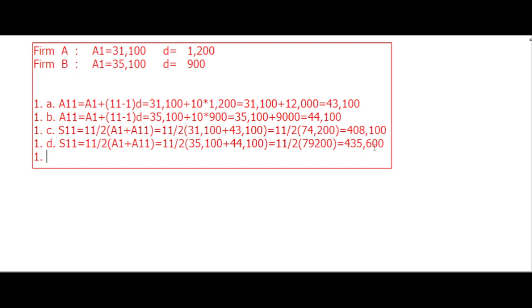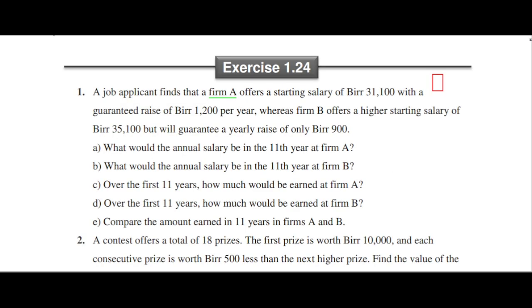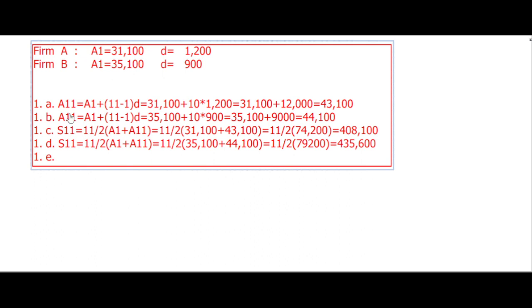Let's go to question number 1E. What do you want to find here? Compare the amount earned in 11 years in firms A and B. Let's compare.